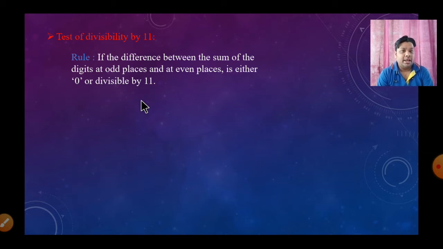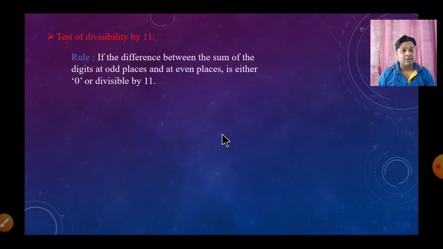Then we add all the odd place digits and all the even place digits, and check if the difference of the two sums is 0 or divisible by 11. Then that number will also be divisible by 11. We do not take odd digits and even digits, we take digits at odd places and at even places. Always keep this in mind.